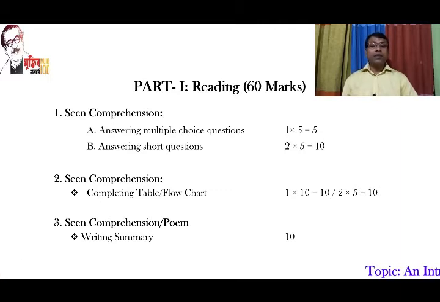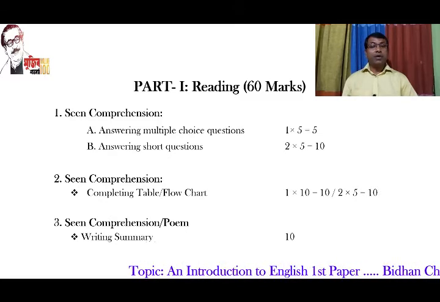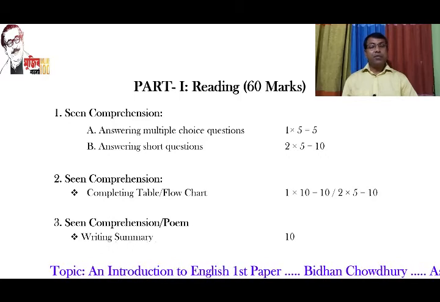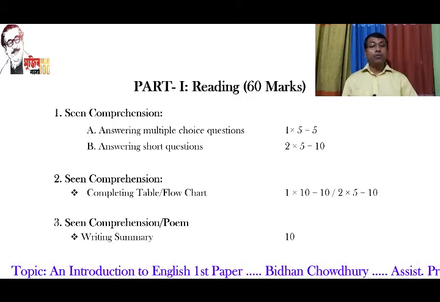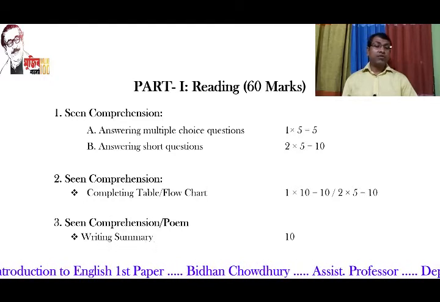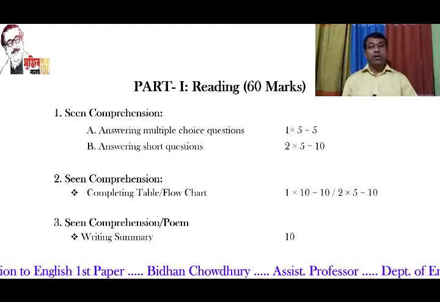A seen comprehension will be given in question number 1. And based on this comprehension, students will have to answer 2 types of question. In number A, answering multiple choice questions containing 5 marks. You will be provided with 5 multiple choice questions, and each will carry 1 mark.